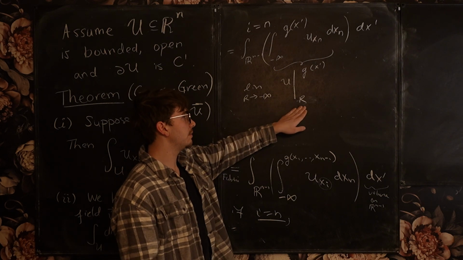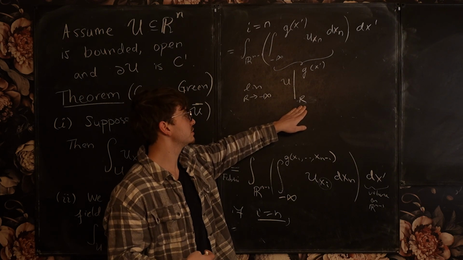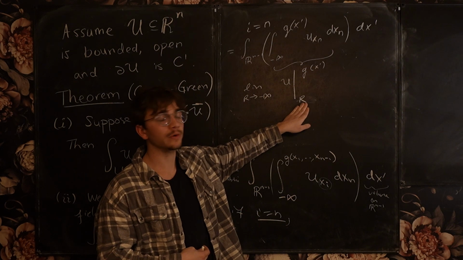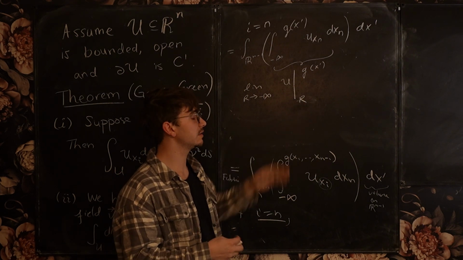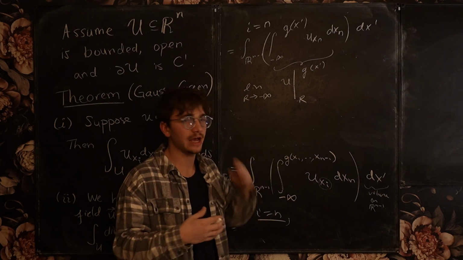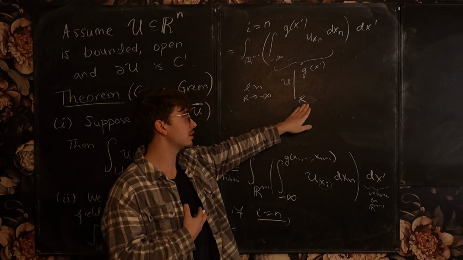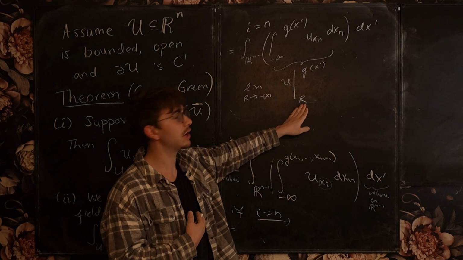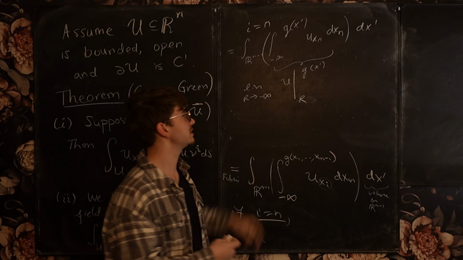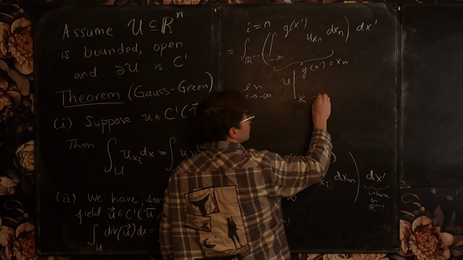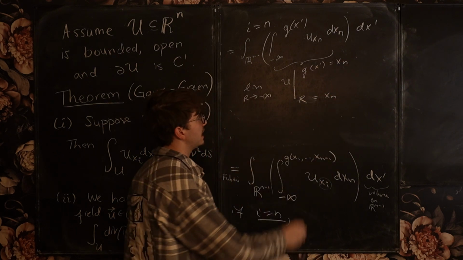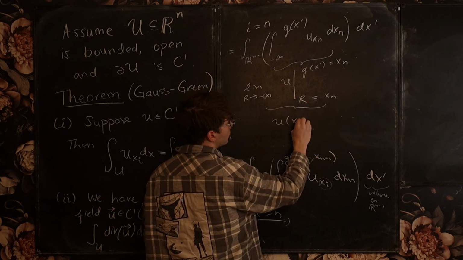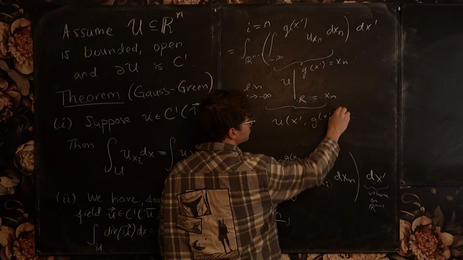We know that for r sufficiently large in magnitude, so as r approaches negative infinity, we're going to exit the support of U because U is supported in a bounded set. Since U is supported in a bounded set, if I send r close enough to negative infinity, then the lower bound of this evaluation is going to be 0. However, the upper bound is not equal to 0. And remember that these bounds are evaluated with respect to xn. So this is going to evaluate to U of x prime, G of x prime, okay?